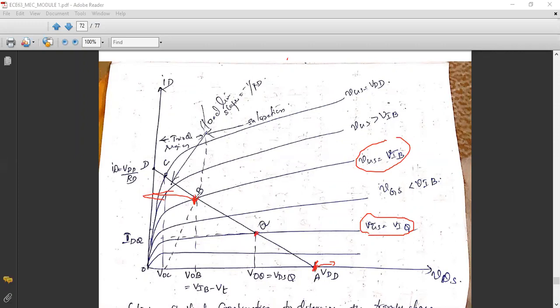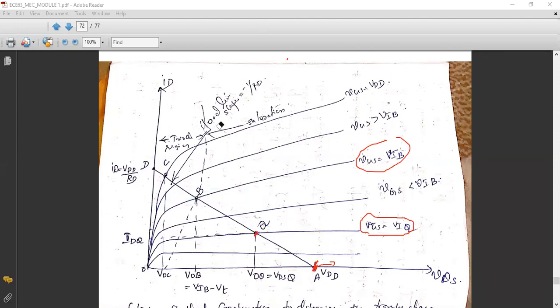So this is your DC load line, and the middle of this DC load line AB. I'm not considering this point. Why? Because here you're having the triode region. So in between AB, I will choose a convenient midpoint that is called Q, where this point is coinciding on your curve, and therefore this curve is marked as VGS is equal to VIQ.